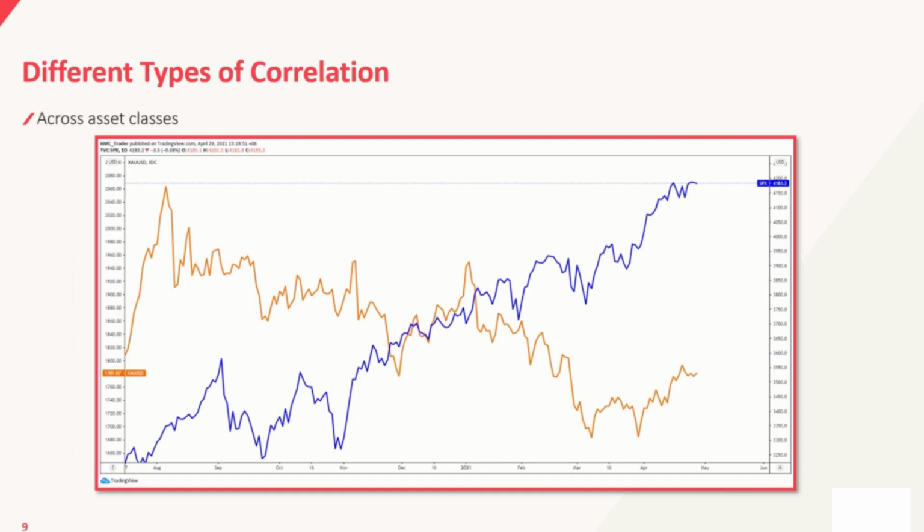They become risk takers. They tend to sell off their safe havens like gold so that they can start putting more money into the stock index. But based on this chart here, which is really taken from 2020 to 2021, can you guys tell me whether S&P and gold are positively or negatively correlated?